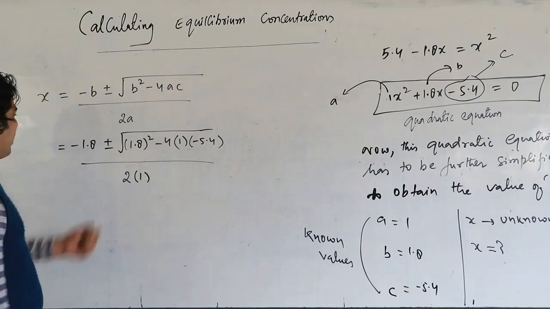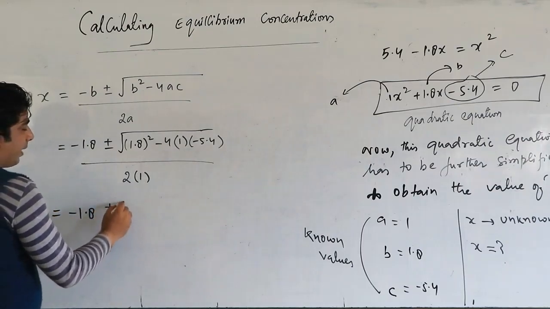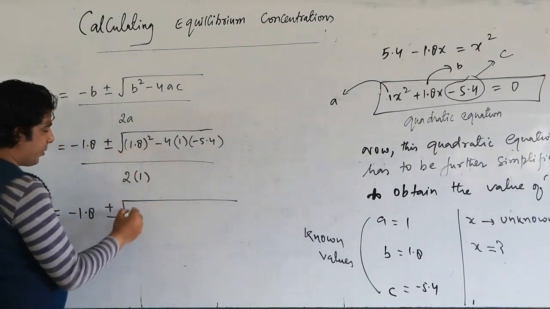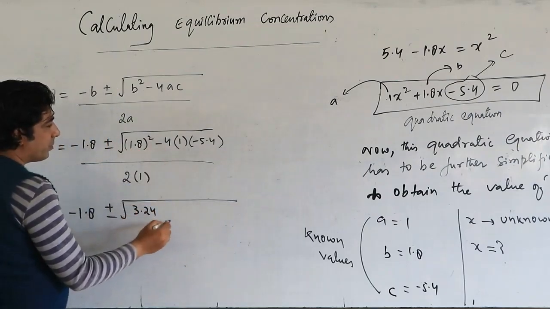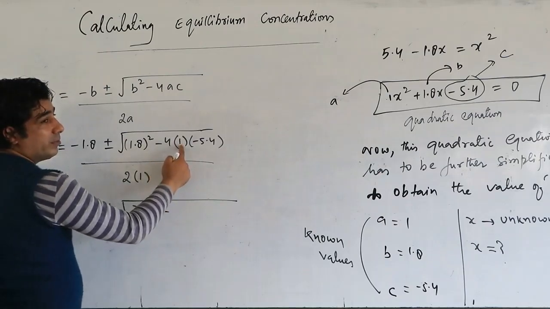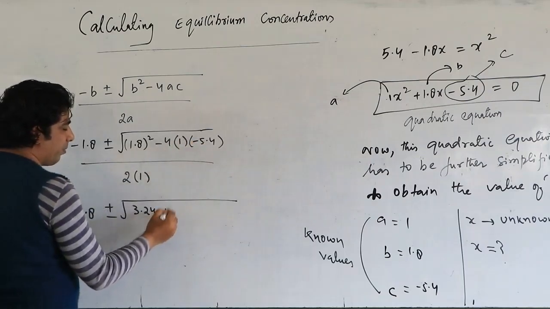Now let us simplify it, my dear friends. You will be getting here minus 1.8 plus or minus square root of 1.8 into 1.8, which is 3.24, minus 4 multiplied by 1 multiplied by minus 5.4. Minus into minus will become plus.